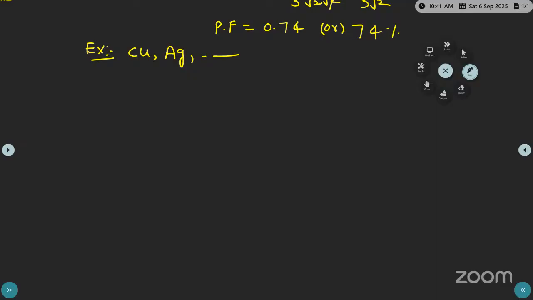So what are crystal planes, and how will they be denoted? The different types of crystal planes are denoted with the symbols called Miller indices. What are these Miller indices? Let's know about the Miller indices.